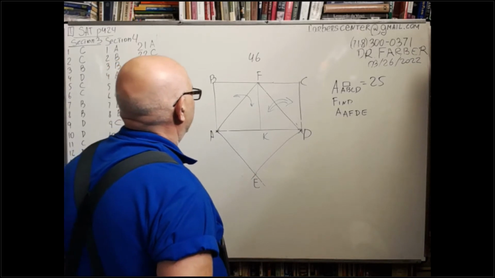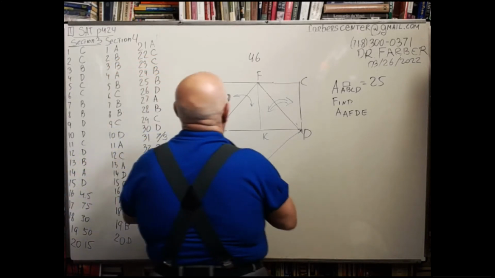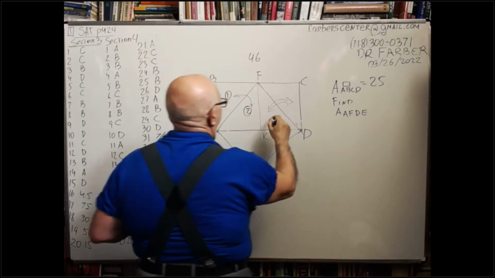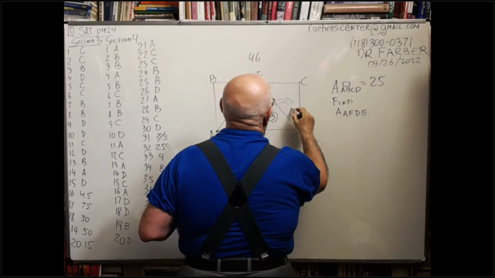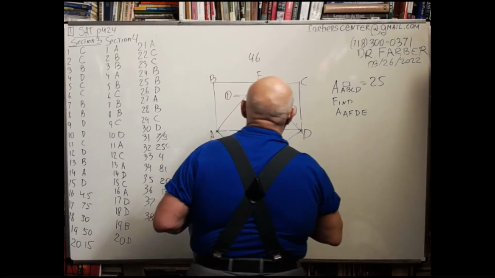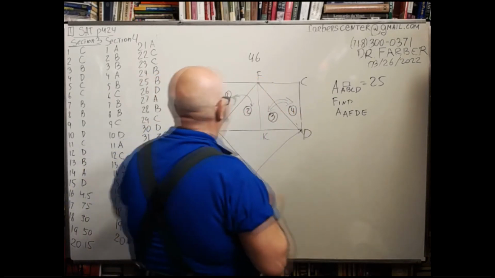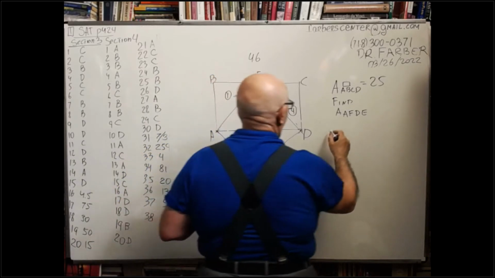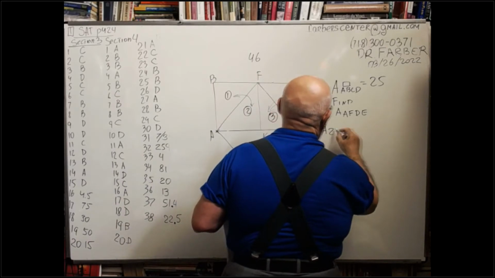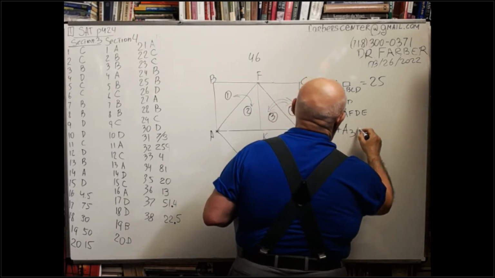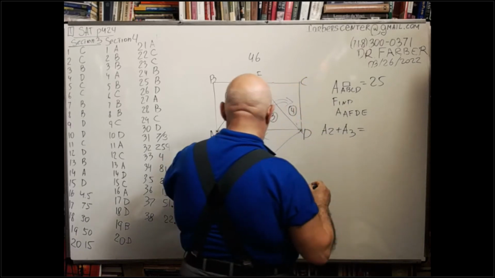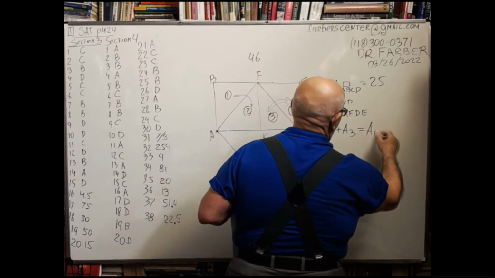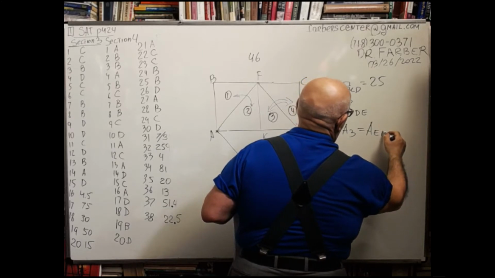So I can say, if 1 equals 2 and 3 equals 4 in areas, then area 2 plus area 3 equals area EAD.